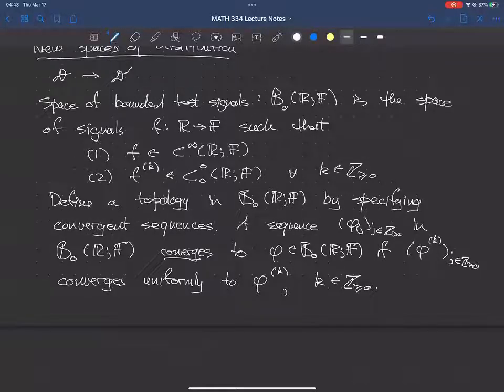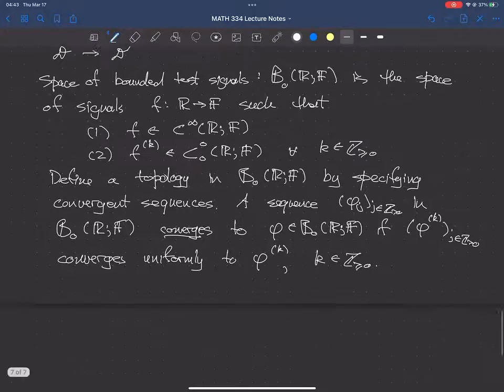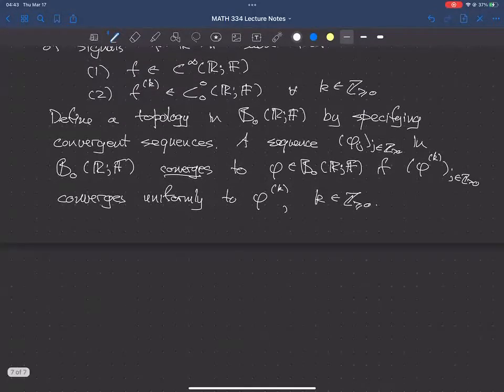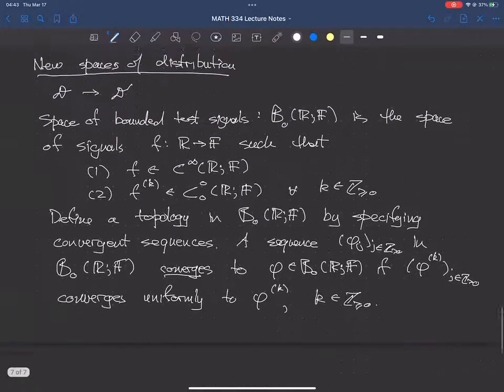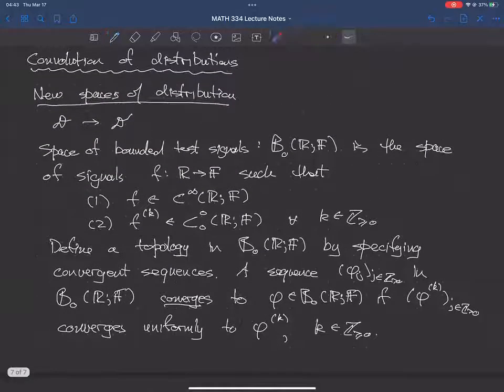So the final thing you need to do here, of course, is we have this space of test signals, and we have a topology on it defined by specifying its convergent sequences.